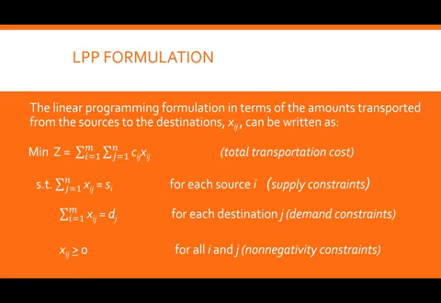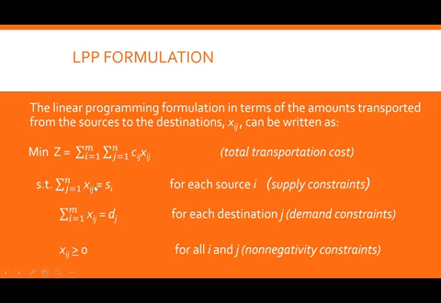Cij is the cost per unit and Xij is the number of units. So cost per unit into number of units transported will give you the total transportation cost. Okay? Any doubt with this? So the objective is clear. So the objective is minimize z equals double summation Cij Xij.